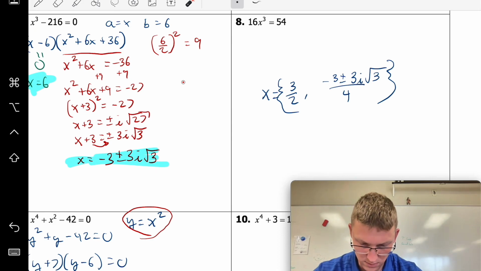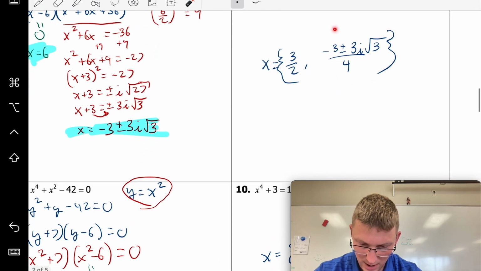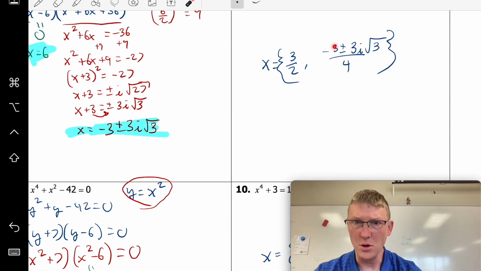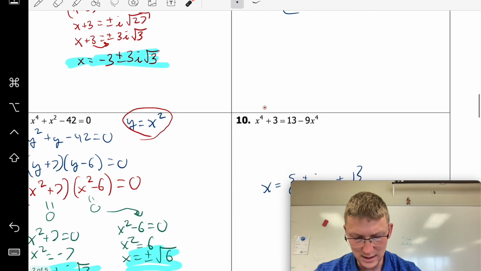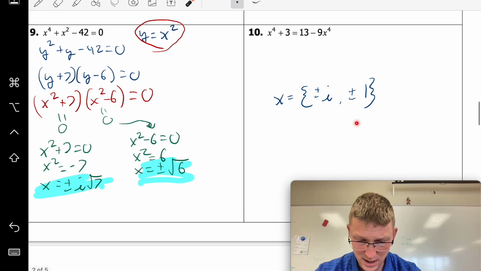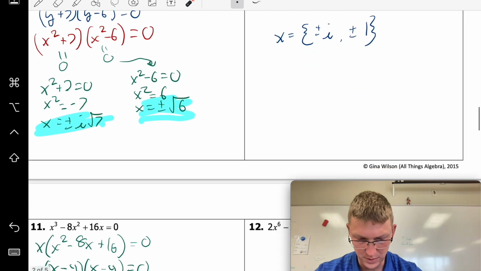So as we go down, when you see something complicated like this for number 8, you're probably going to have to use the quadratic formula or completing the square or something like that, just to get there. Number 10, the answer doesn't look too bad. Plus or minus i, plus or minus 1.